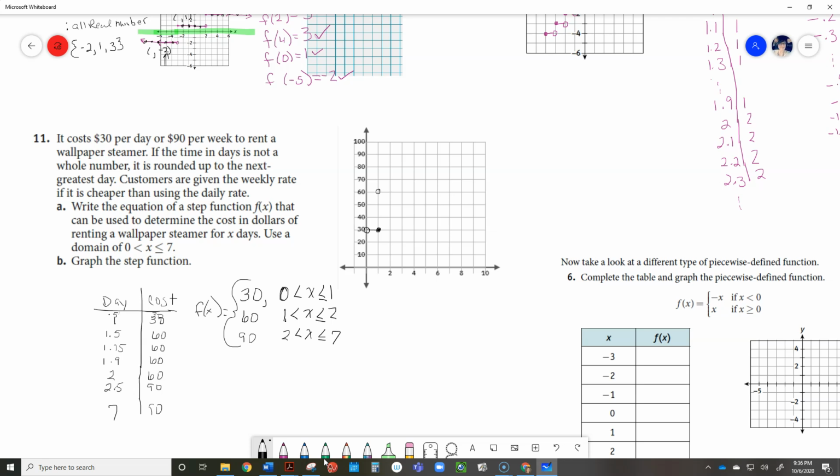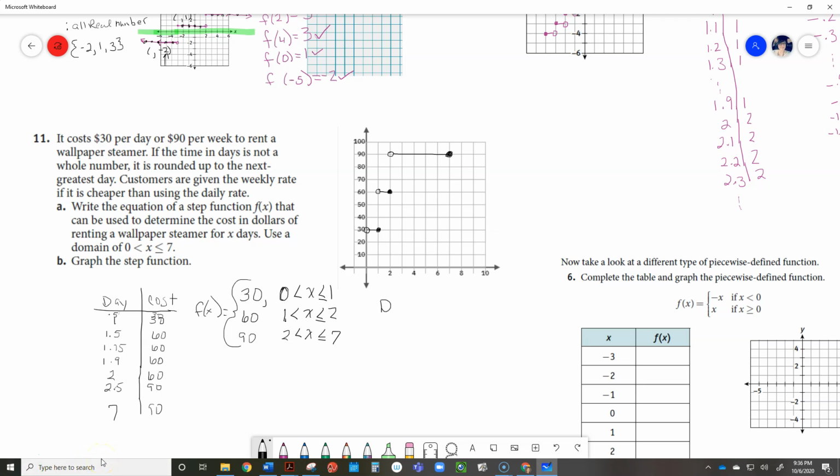So from 1 day all the way up to 2, it costs $60. And as soon as it goes a little bit beyond 2 days, 2 days and 1 hour, 2 days and 1 second, they're going to charge you $90. It stays that way until you get to 7, and then you have to turn it in. So that's what that step function looks like.